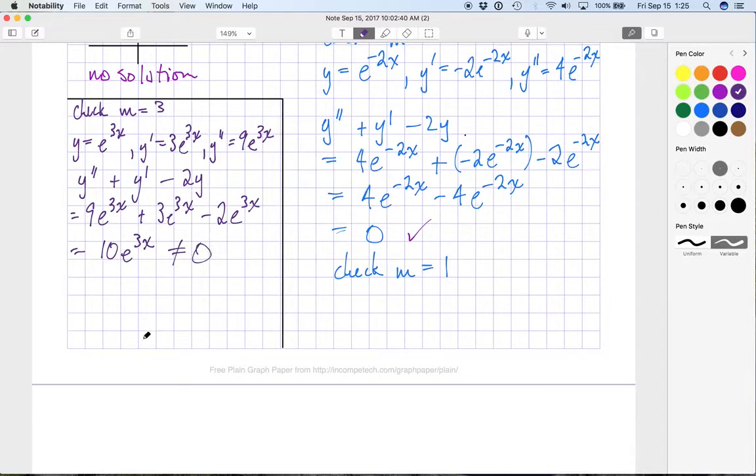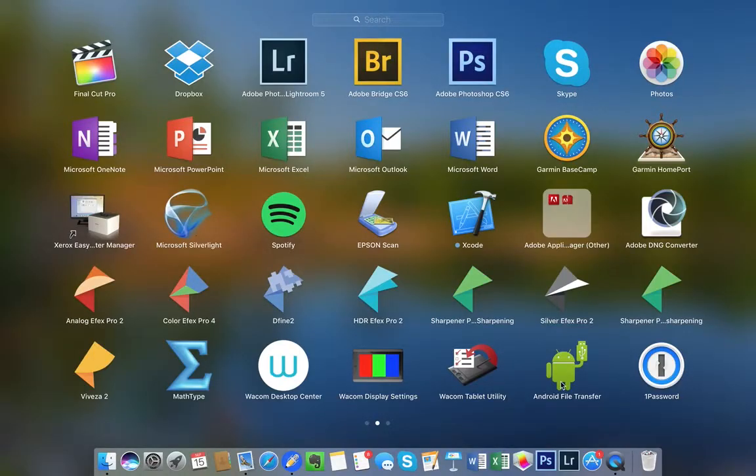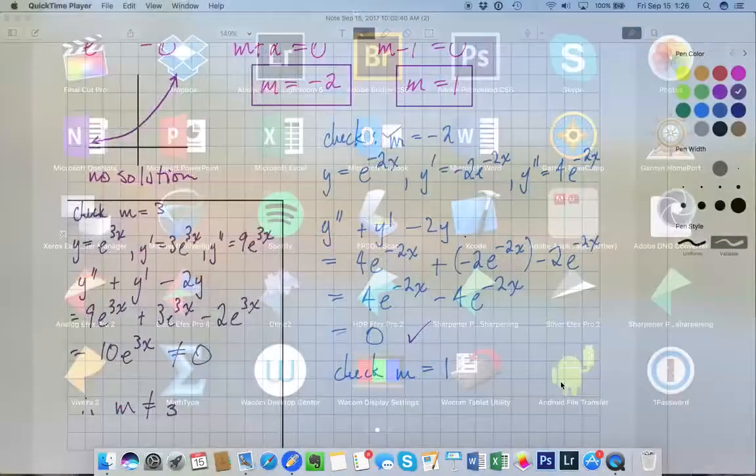That's not equal to 0. So therefore, m could not be the value 3. And in fact, if you went back and tried any other value, you'd find that the only solutions lie with m equaling 1 or m equaling negative 2.